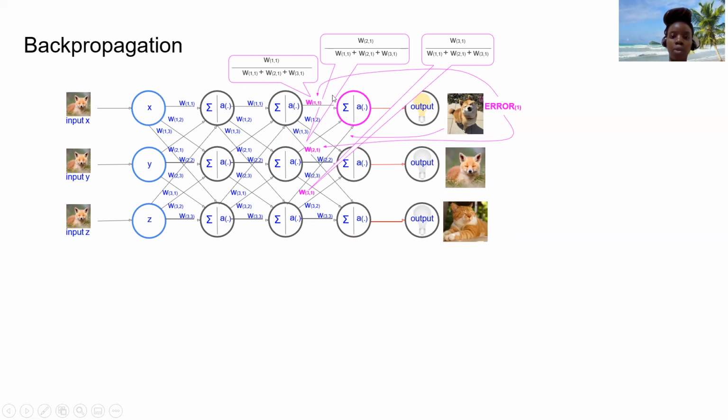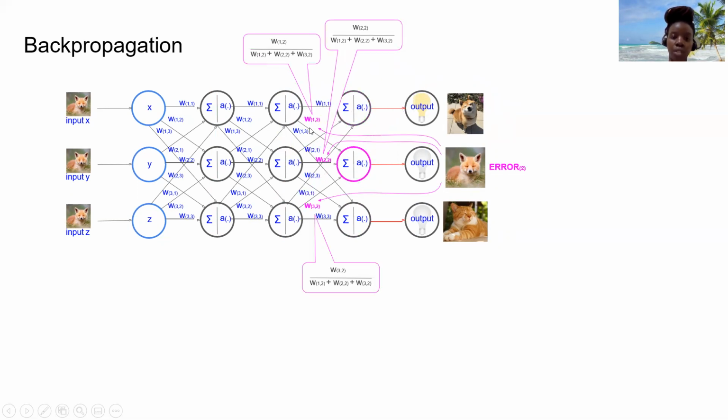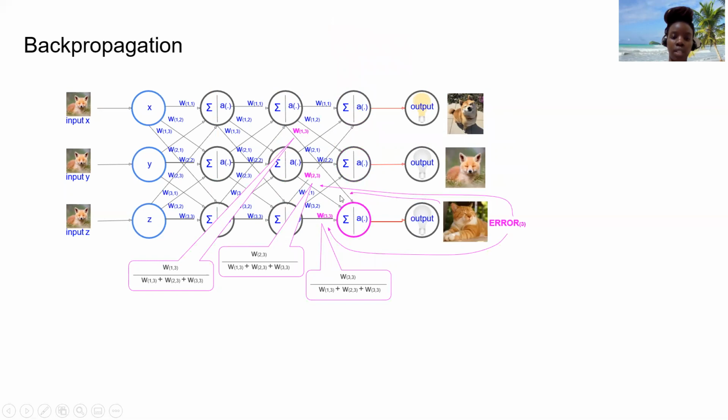Because it used all these weights, this weight, this weight, and this weight, which contributed to the output of this node, that is what we are going to use to compute the fraction of error that the node contributed. So we calculate the fraction of the error using this function, the weight and the weights that contributed to it, and then we move on to the second node using the weights that it used to produce the output, and then the third node using the weights that it used to produce the output.